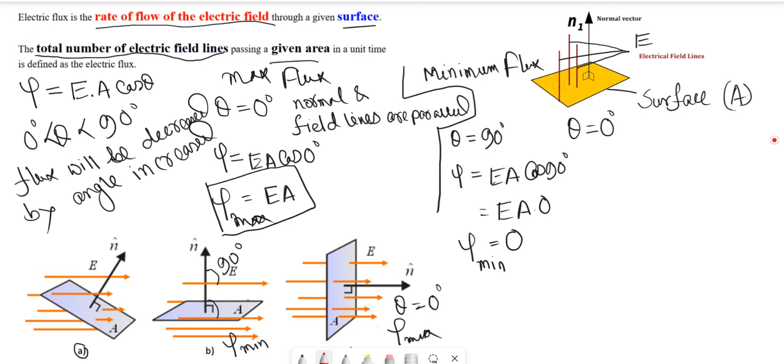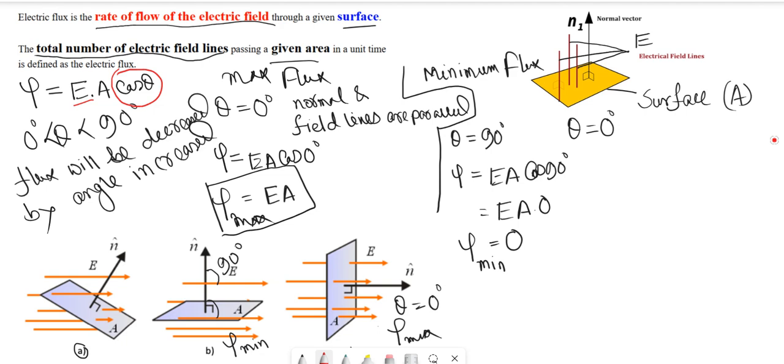Now, as I told you earlier, this cos theta is nowhere in the flux definition, but where does it come from? Actually, this is coming from the definition of electric field. How? Let's try here.